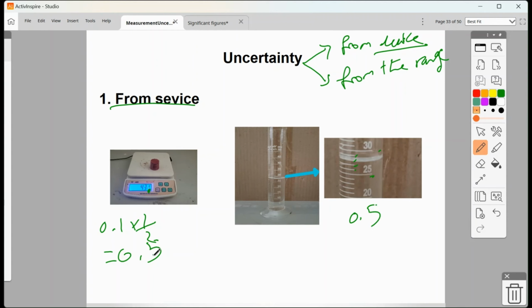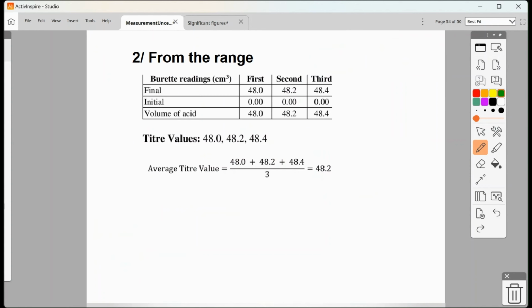It is here. Because it's 0.1, half of 0.1 is 0.05, sorry. We can calculate it on the calculator. 0.1 divided by 2, the answer is 0.05. Okay, all right, this is from the device.